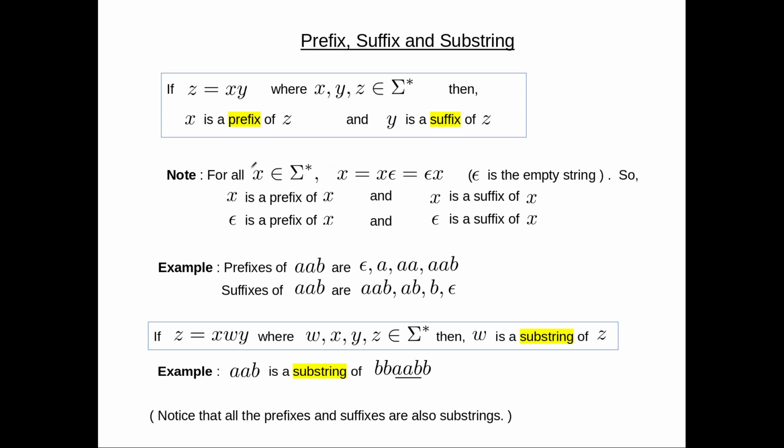Now you should notice that for any string x, x will be a prefix of itself, x will also be a suffix of itself, and the empty string will be a prefix of x, and the empty string will also be a suffix of x. Why? Because you can write x as x concatenated with epsilon, and also epsilon concatenated with x, right?